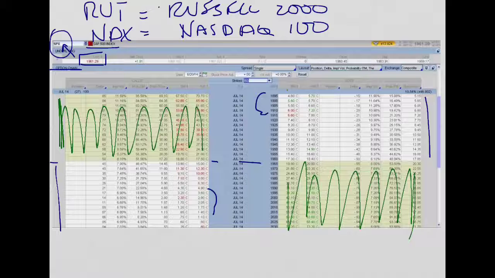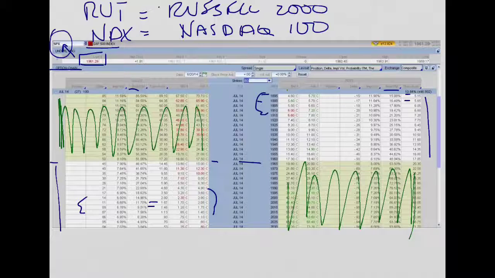We look at where there's a probability of being in the money at a low level. Here we see things around 11%, 9.5%. Here you see things where it's 15%, 16%. So we would actually shoot for something even lower priced than these 1895s or 1900s. Okay?